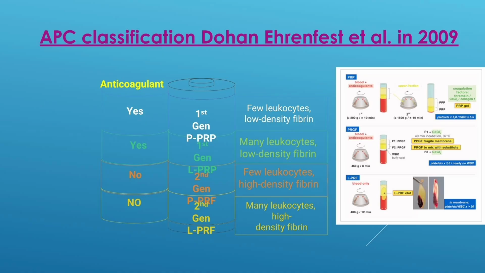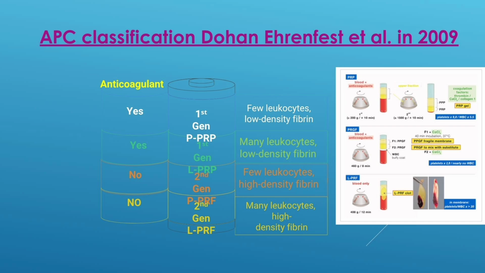Second is LPRP, that is leukocyte platelet-rich plasma. Both of these are considered to be first generation APCs. The third one is PPRF, that is pure platelet-rich fibrin, and LPRF, that is leukocyte platelet-rich fibrin. The last two are considered to be second generation.